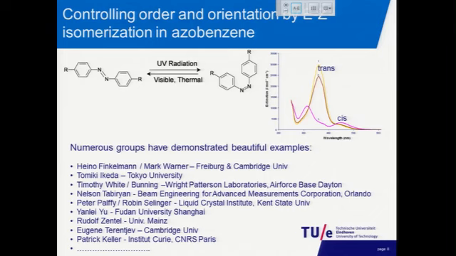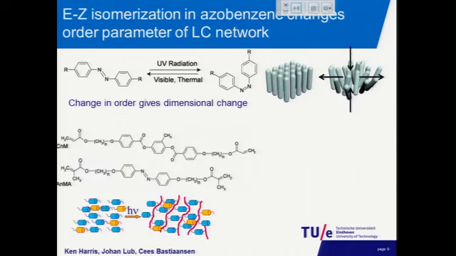And many groups in the scientific arena have shown many nice examples based on this system when you blend this into a polymeric system. So this is how we do it in practice.